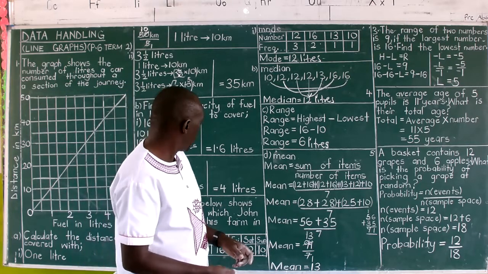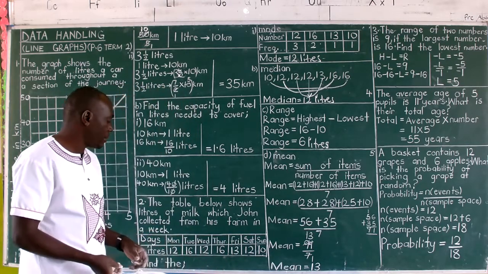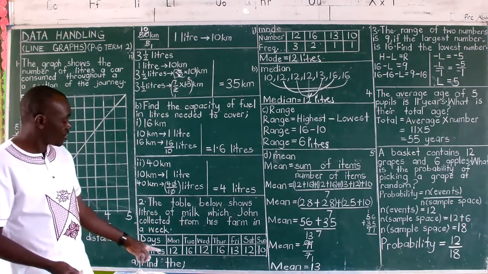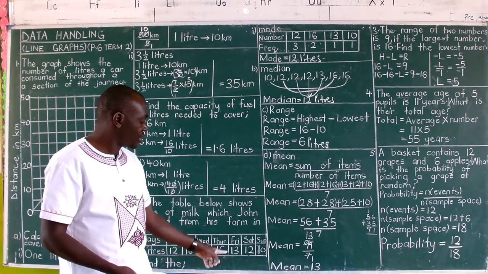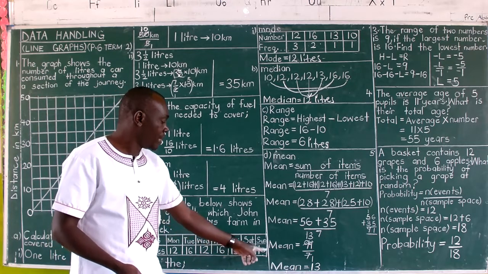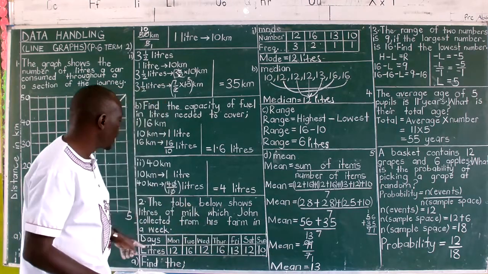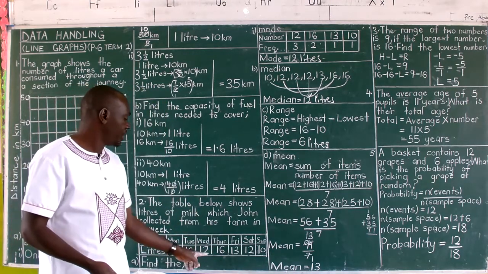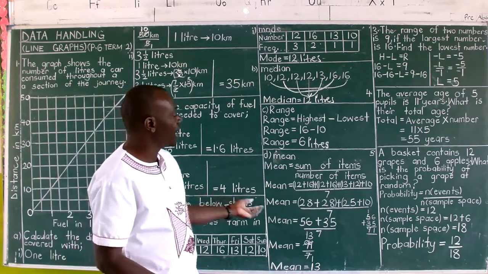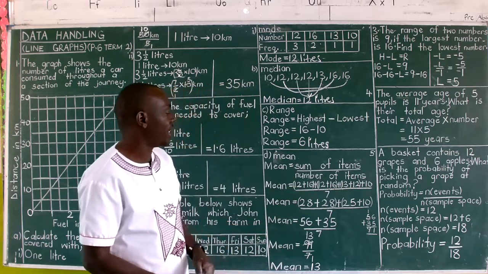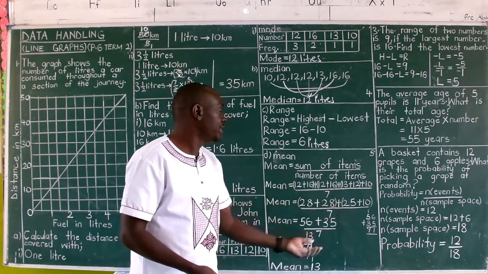So we add all of them and divide by their number. So in the next step we say mean equals 12 plus 16 plus 12 plus 16 plus 13 plus 12 plus 10 out of their number: 1, 2, 3, 4, 5, 6, 7. So you add them and divide by how many they are. So that's what we have written here.